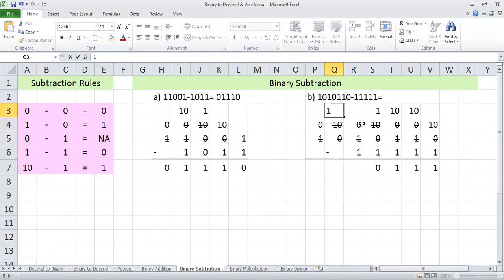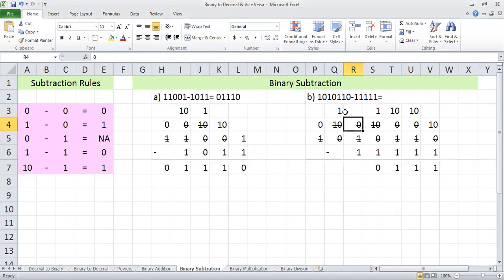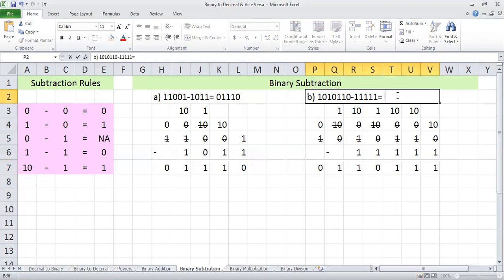This will become 1 and this will become 10. 10 minus 1 is 1. 1 minus nothing is 1 and this is 0. So now we have the number 0, 1, 1, 0, 1, 1, 1. This is the answer in binary.